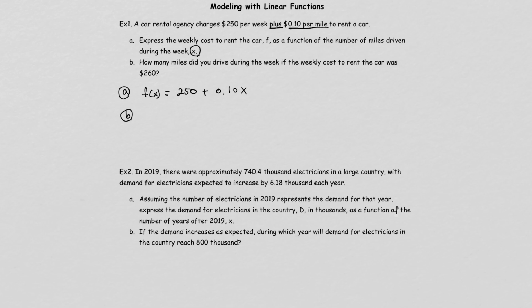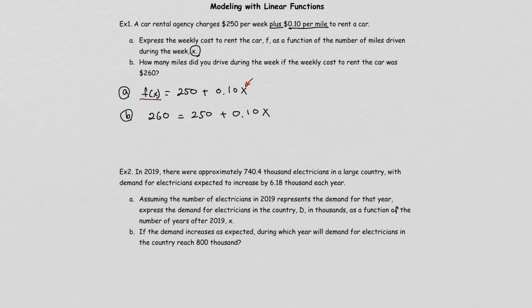Now, part B is asking how many miles in order to make this amount $260. So we're going to replace that. We will have 260 equals 250 plus 0.10 times x, and we're trying to figure out x.